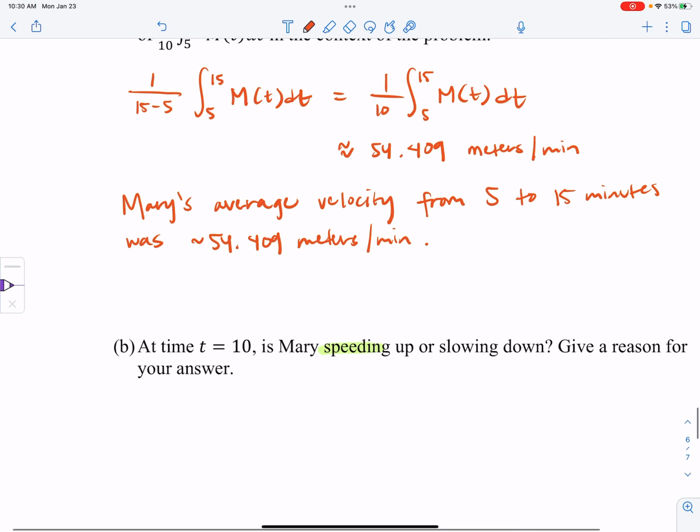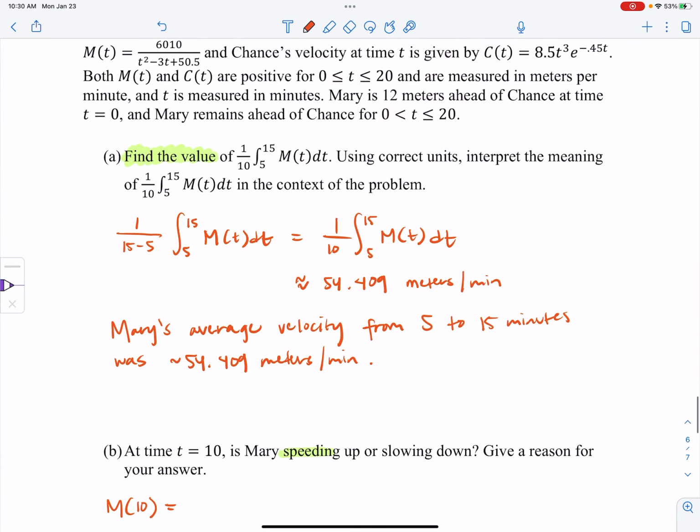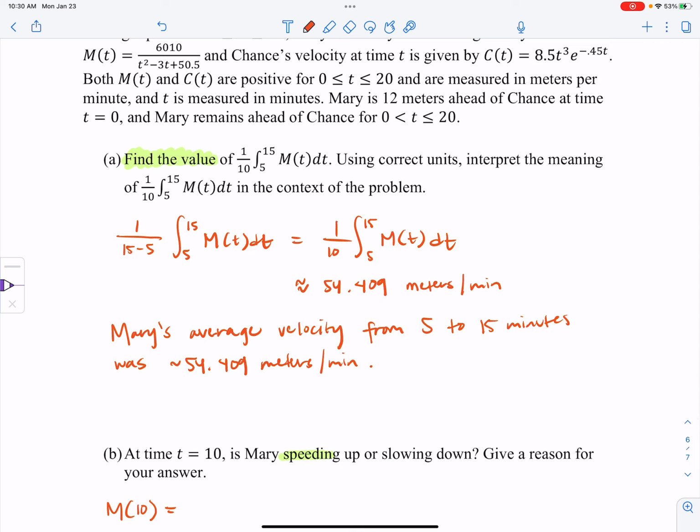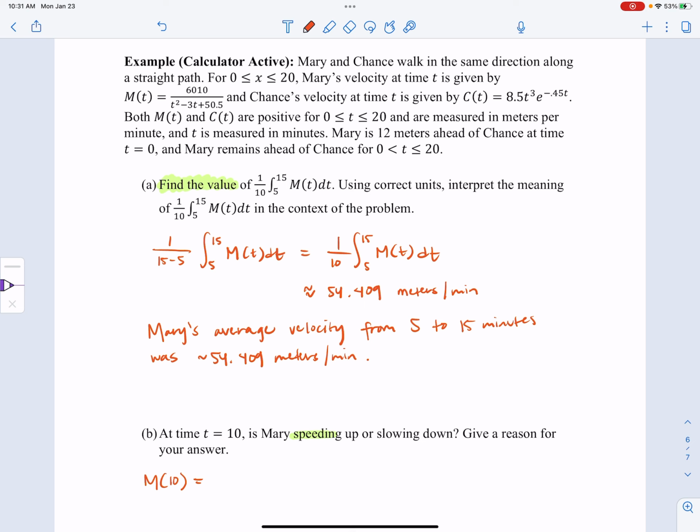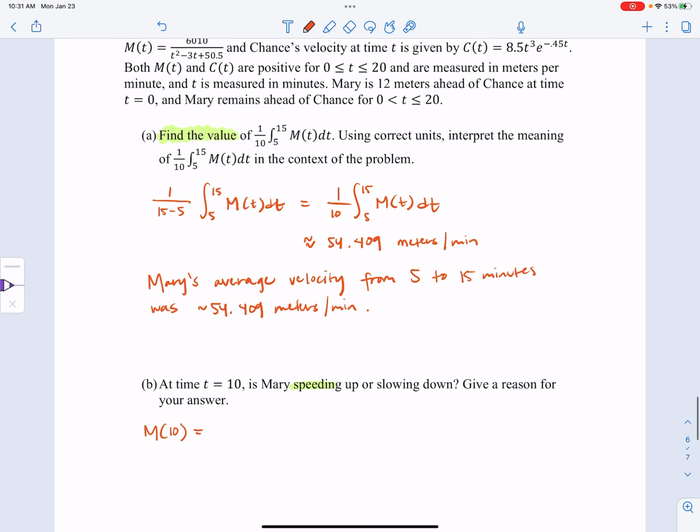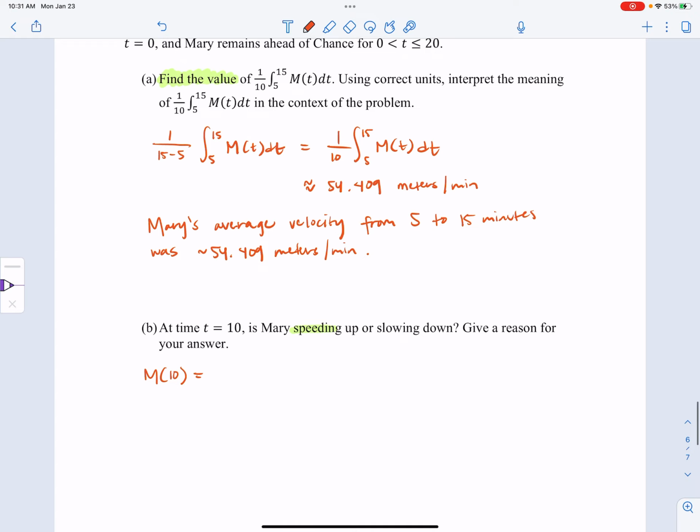So we want to evaluate m of 10. And we have our calculator, so we can just type this into our calculator. Make sure you are using parentheses or using the fraction bar appropriately. But we are also given that m of t is positive, so we know that m of t is going to be positive.